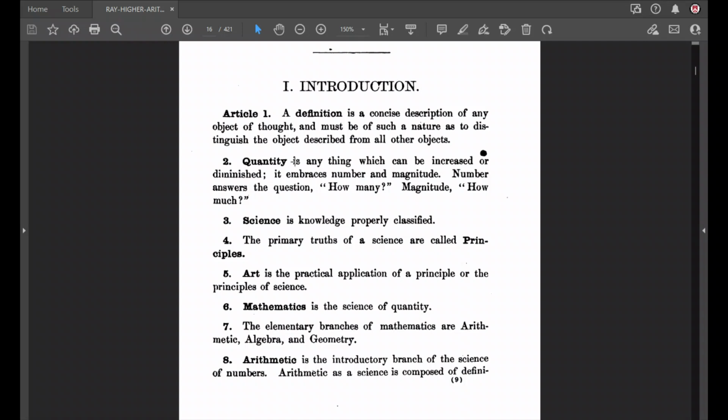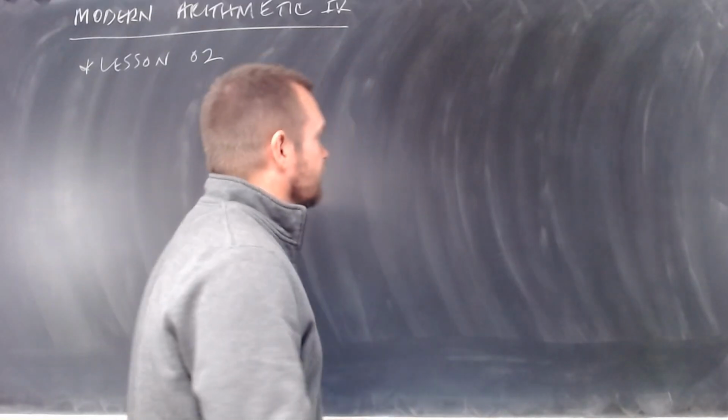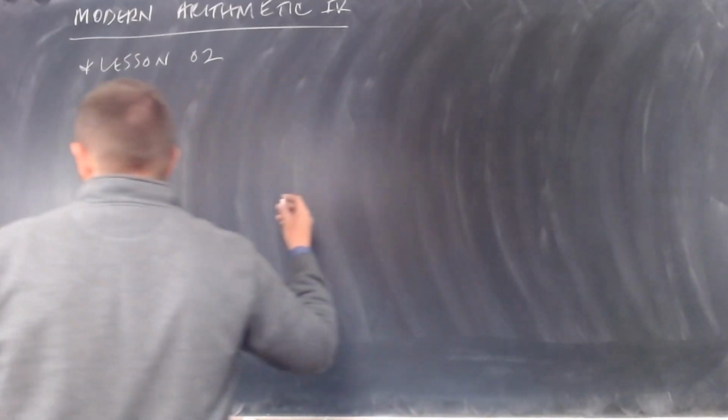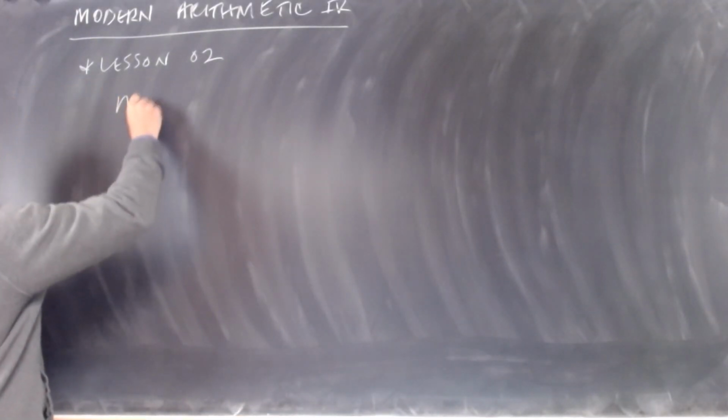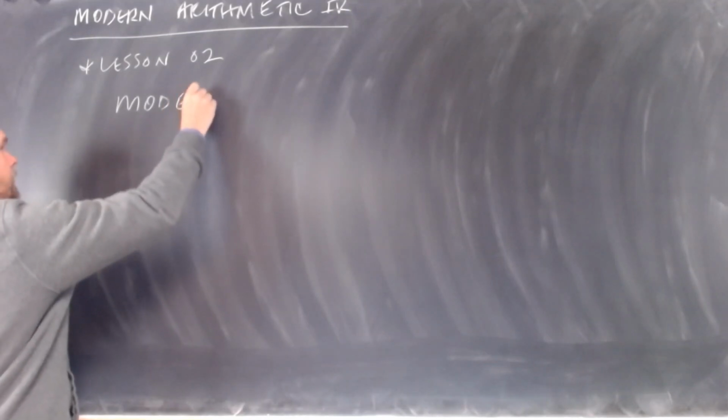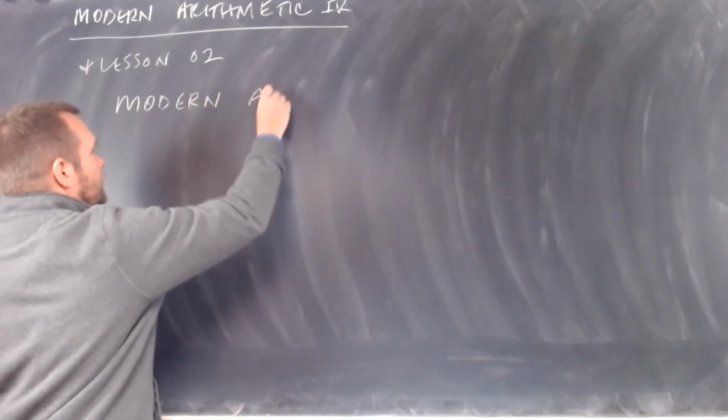Article 7, we read, the elementary branches of mathematics are 4. Now this is where this is going to get interesting. Actually, they give only 3, not 4: arithmetic, algebra, and geometry. So in modern mathematics, this is where things start to get different.